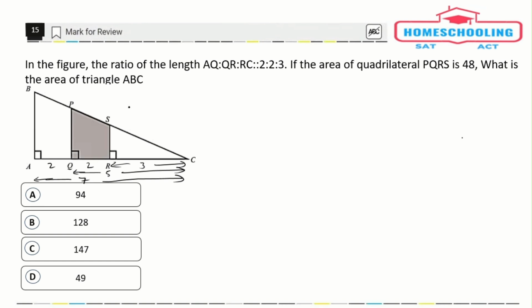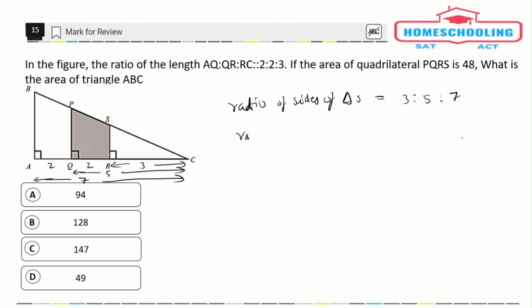So as we have found it, we can say the ratio of sides of the triangles is 3 is to 5 is to 7. So we know the ratios of the sides.